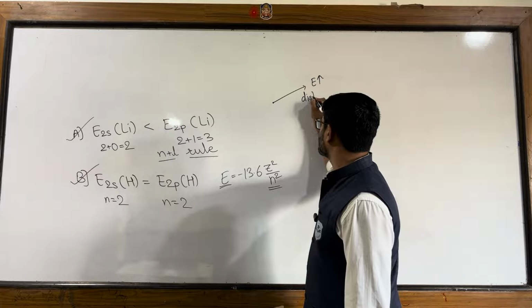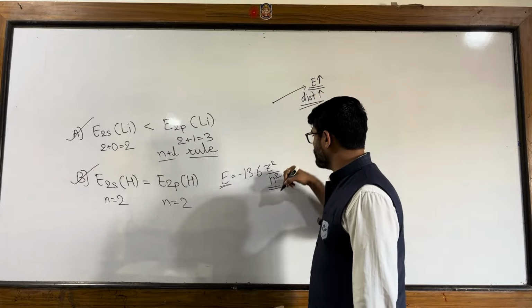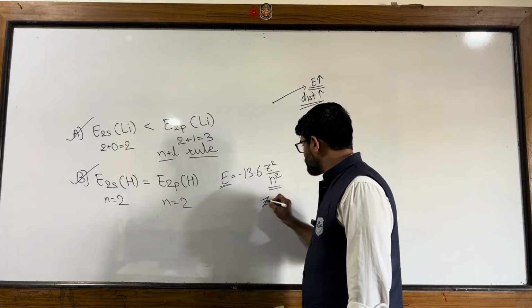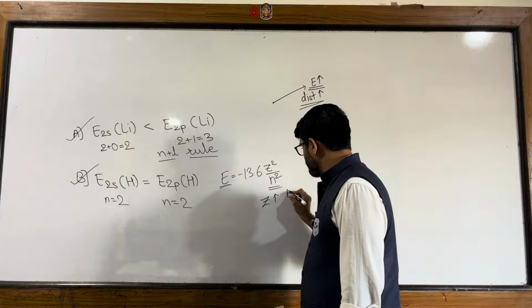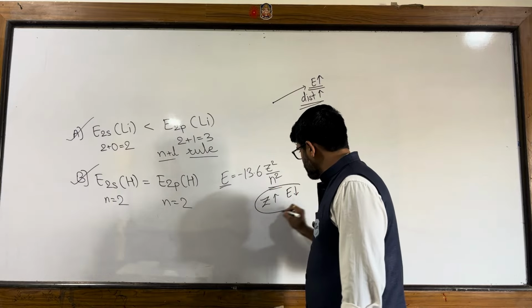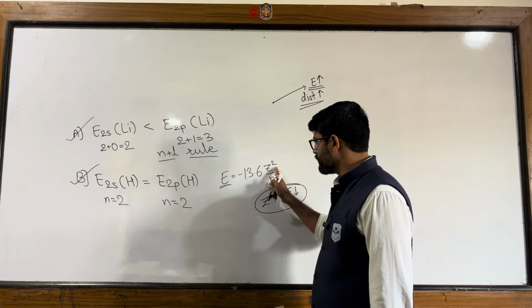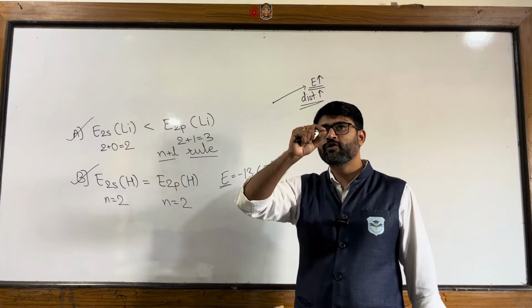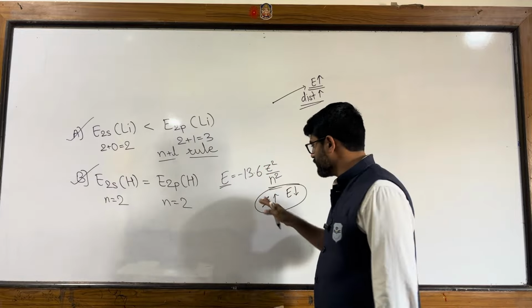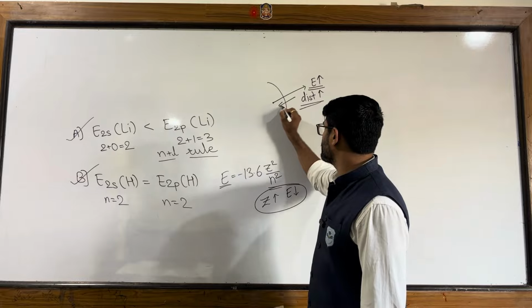Or simply, higher the value of Z, lower will be the energy. As the value of Z increases, this negative number becomes larger. A larger negative number is lower, which means that its energy is lower.